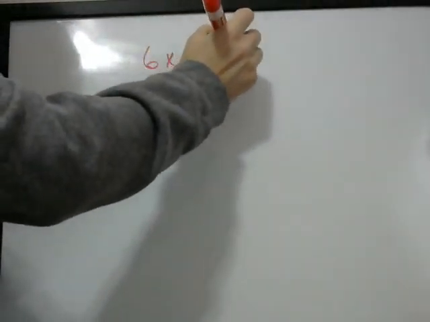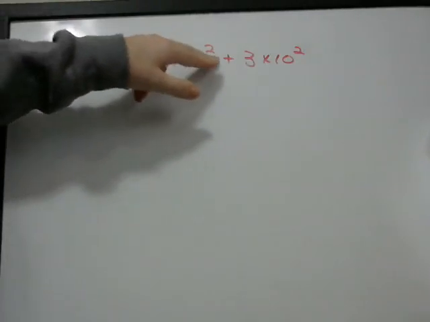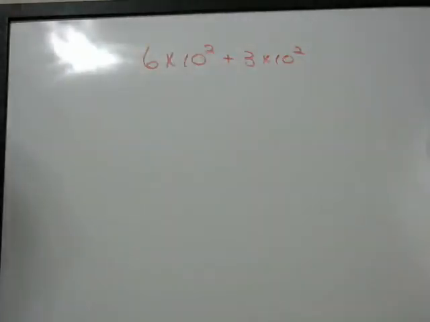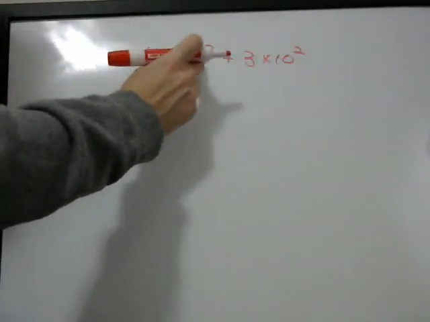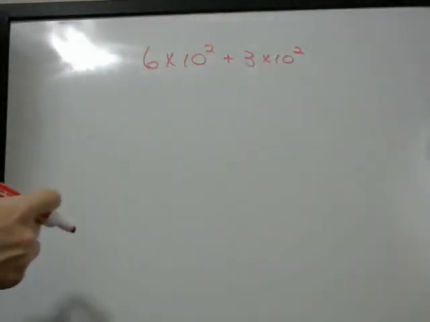So if we have 6 times 10 to the second plus 3 times 10 to the second, the only way we can do that kind of in the shortcut way is we would add as if these are the same. So we have 10 to the second, 10 to the second. So we can do it.